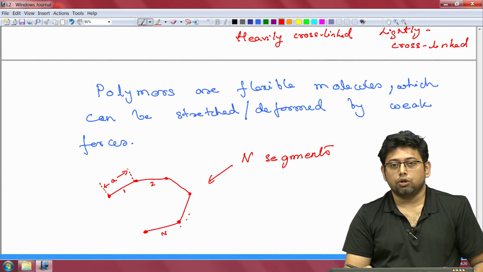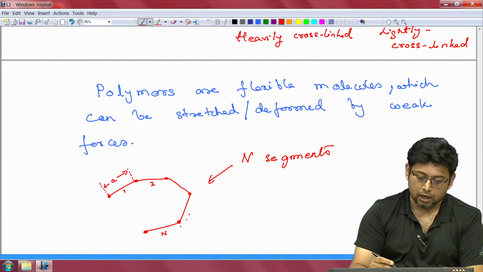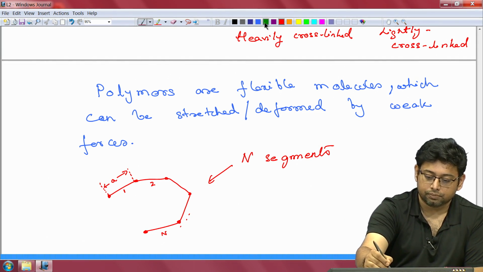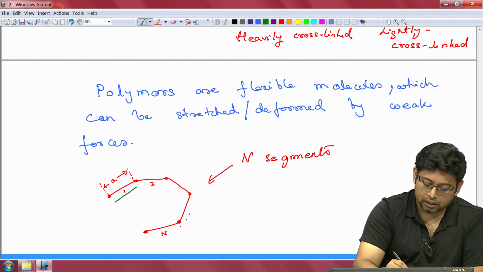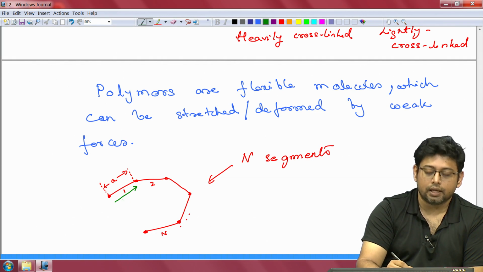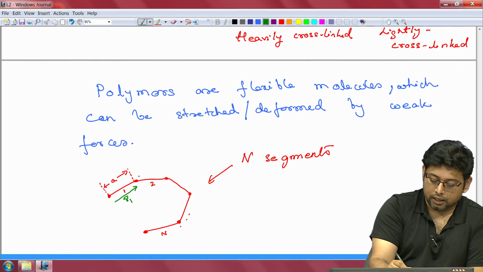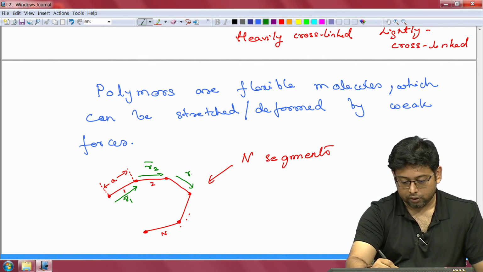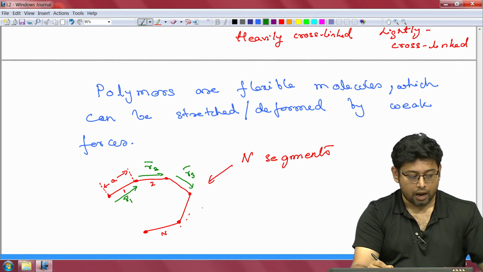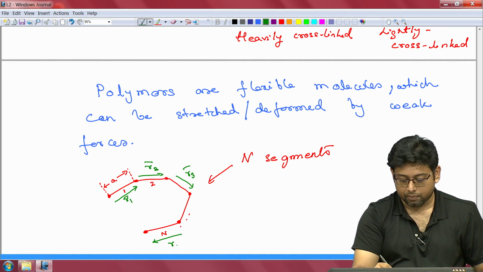What we want to understand is what is the size of this molecule. So, let us associate a vector with each of these. Let us say the first segment is given by a vector r1. Similarly, the second one is given by a vector r2, the third is r3, and similarly the last one is rn.